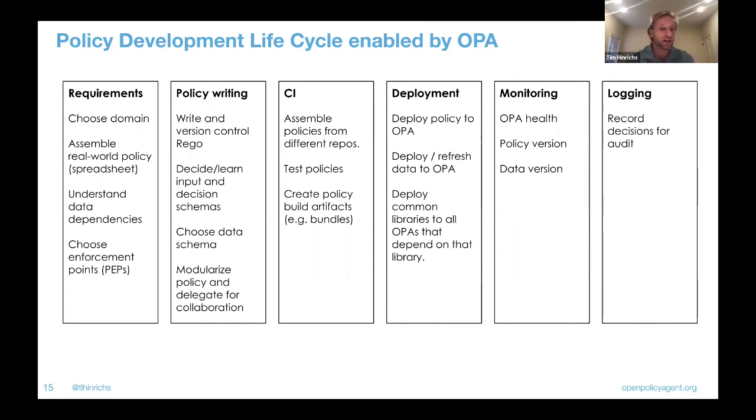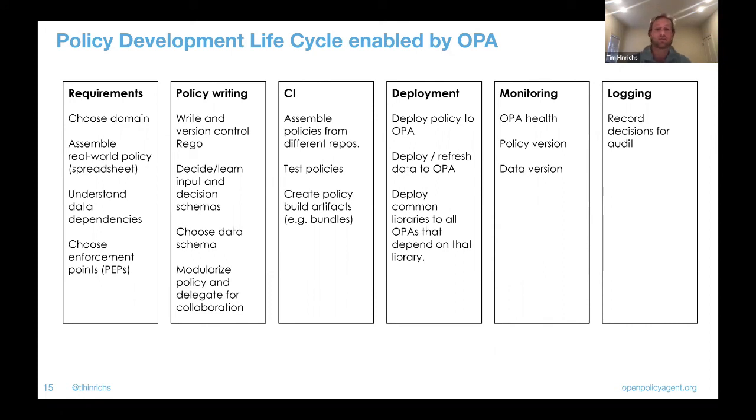Policy authoring, obviously there, how do you write policies? You need to version control them and so on. There's a CI step where you want to test policies. I already mentioned the OPA test framework. There's also a build step where you can build those bundles and assemble those policies from wherever their sources of truth actually are.